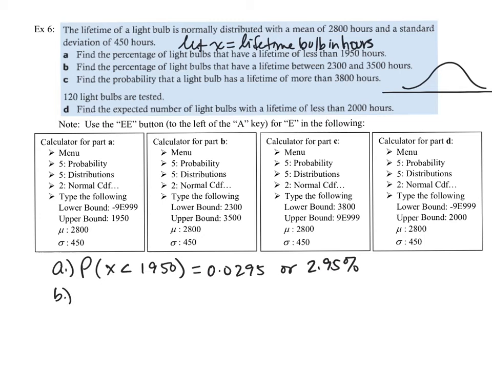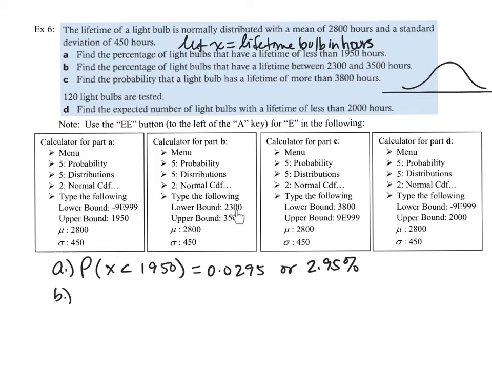Okay, and then letter B says, let's find the percentage of light bulbs that have a lifetime between 2,300 and 3,500. So this time, instead of our lower bound being almost virtually 0, we're going to have a left bound and a right bound. So you'll hit menu again, choose 5 for probability, 5 for distributions, 2 for a normal distribution, and the calculator will prompt you for a lower bound.